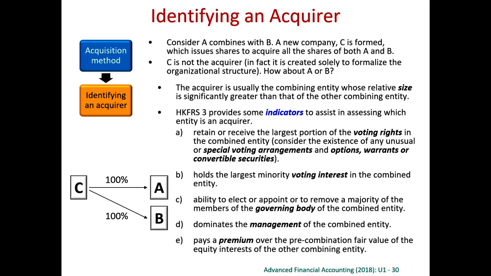If 7-Eleven comes to combine with Circle K, either the management of 7-Eleven will go out in front of the television saying that I acquired Circle K, so probably 7-Eleven is the acquirer, or it may be the other way around. The management of Circle K will come in front of the television saying that I acquired 7-Eleven. If that is the case, probably it is Circle K which acquired 7-Eleven.